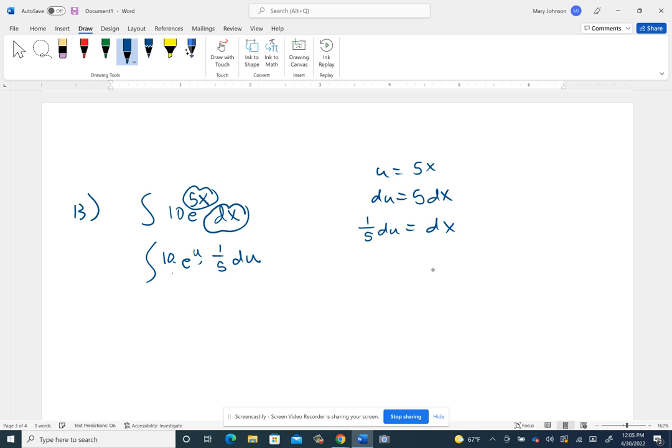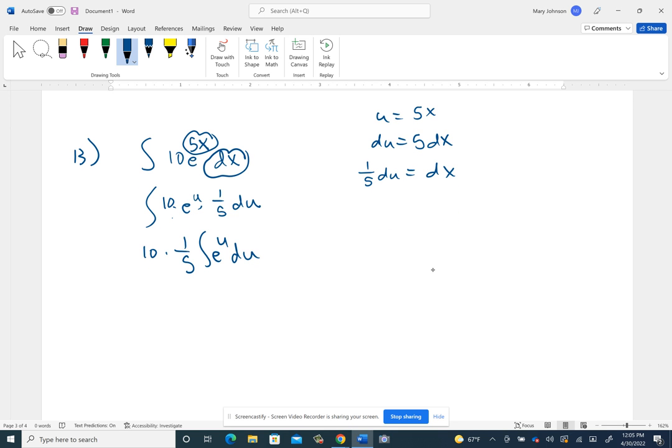So see, the 10 could come out, the 1/5 could come out, and we're really just integrating e to the u du, which would be e to the u. Okay, so here that would be 2 e to the u plus c, and e to the u is really e to the 5x. So we'd have 2 e to the 5x plus c.